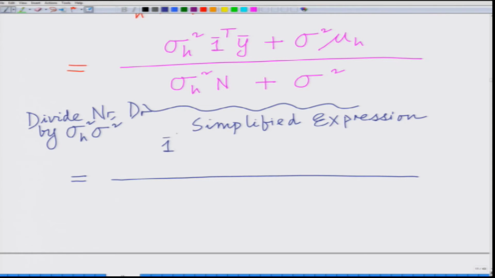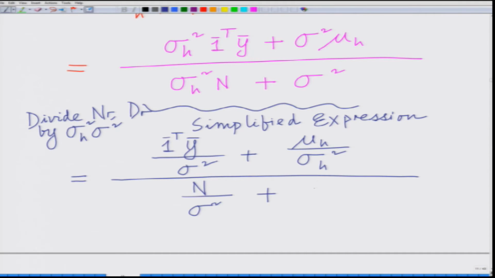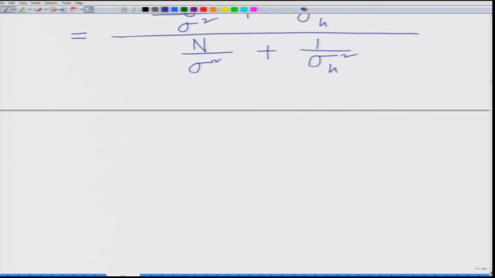What that will give me is 1 bar transpose y bar divided by sigma square plus mu h divided by sigma h square, divided by n divided by sigma square plus 1 divided by sigma h square. I am going to now write this in a slightly more convenient form.